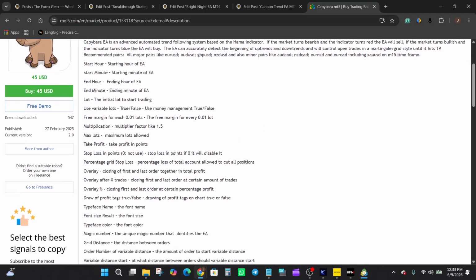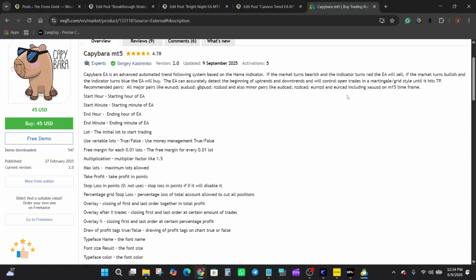Now, scrolling through the marketplace details, I can see recommended pairs include major Forex pairs like EUR USD, AUD USD, GBP USD, NZD USD, and even some cross pairs like EUR CAD and EUR NZD, along with XAU USD on the M5 or M15 time frame.